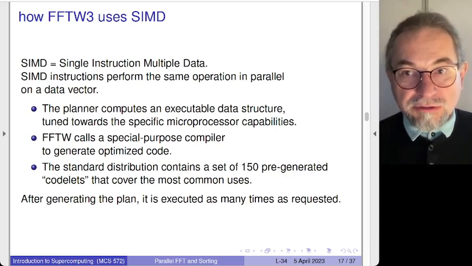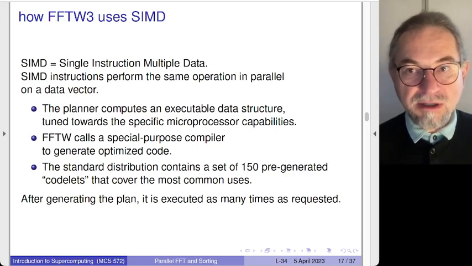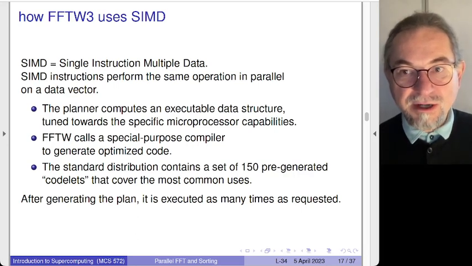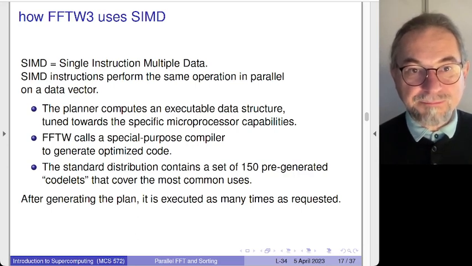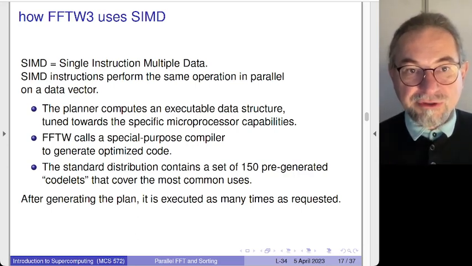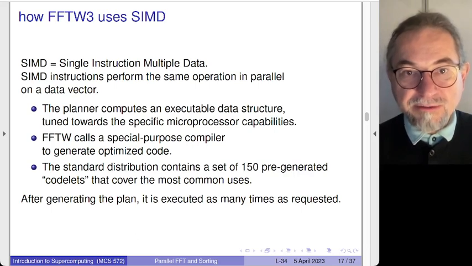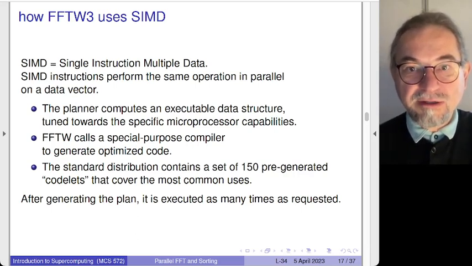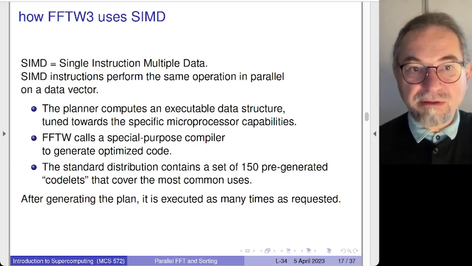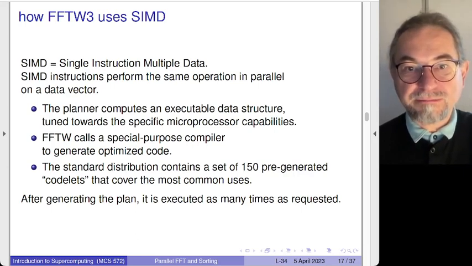So there is a lot of parallelism in current processors. Even if you are not aware of it, with pipelined vector processors, you are actually doing pipelining. Single instruction, multiple data is a model in which the same operations are run in parallel on a data vector.